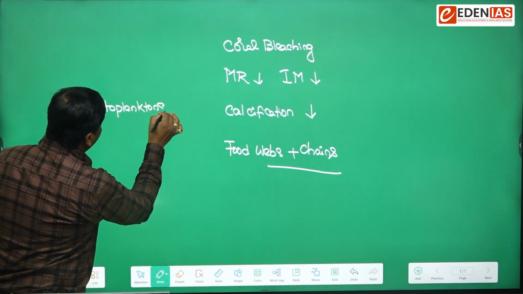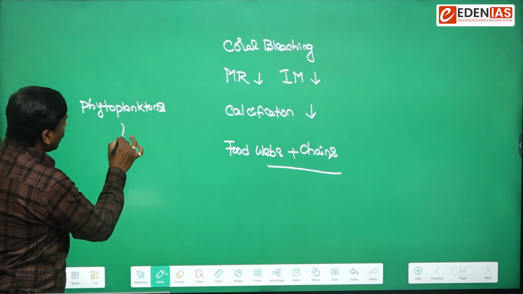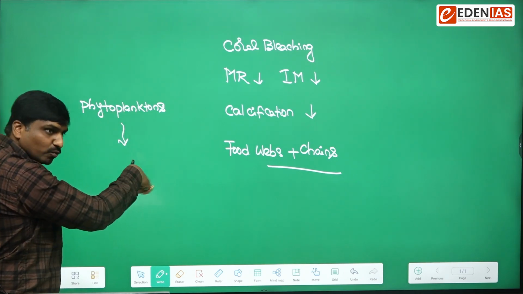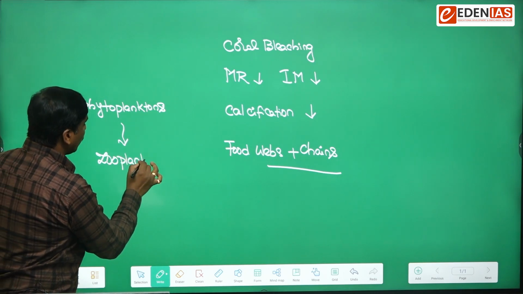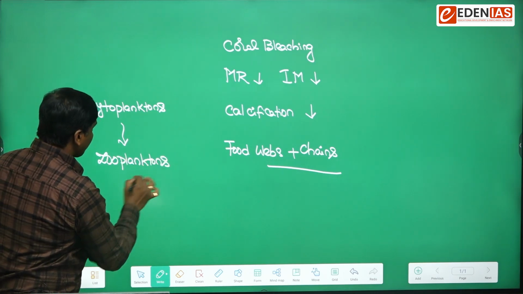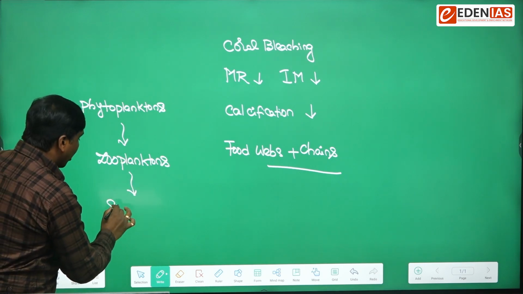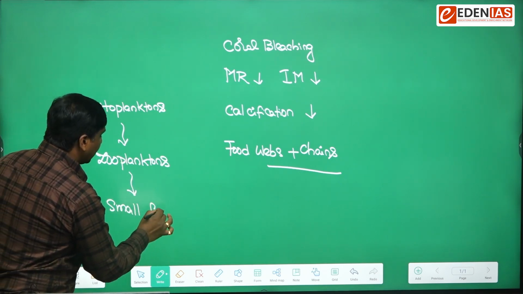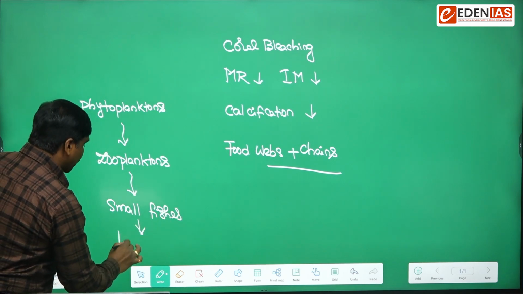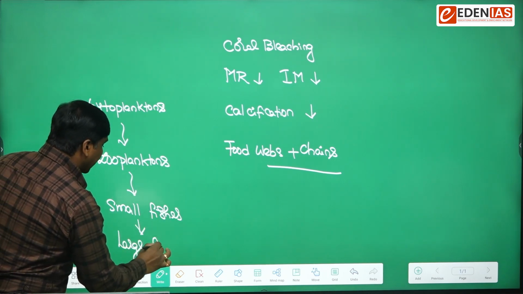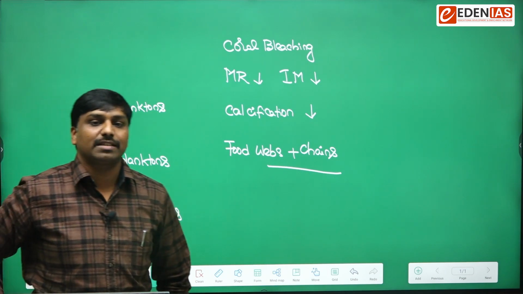When phytoplanktons are affected, their production is hampered. In a food chain, phytoplanktons are fed on by zooplanktons, zooplanktons are fed on by small fishes, and small fishes are fed on by large fishes. This sequence of what eats what in an ecosystem is nothing but a food chain.